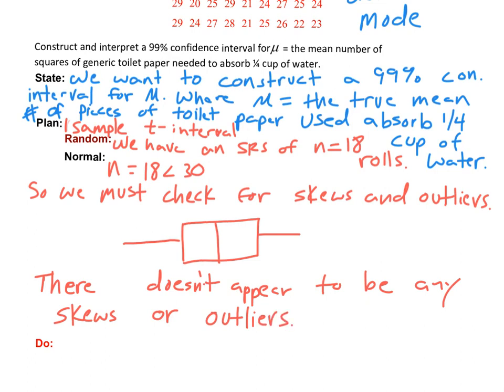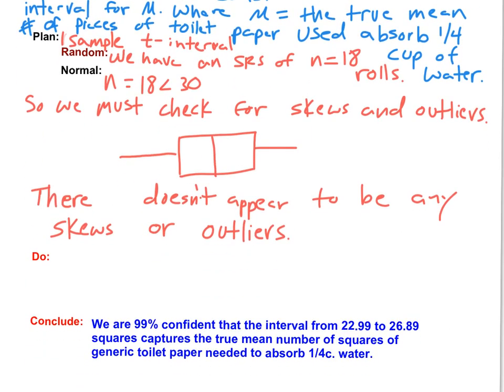Okay. All right, now down in the do step, this is where we would go to our calculator. And when we run the test, it'll give us all this information. 24.94 is X bar. It'll have that plus or minus 2.898, okay, that will come from the table, right?